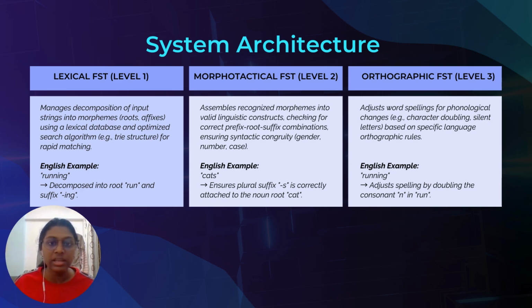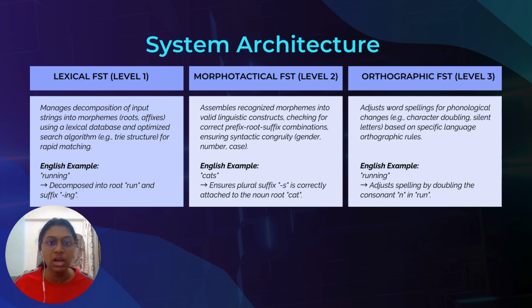The second level, the morphotactic FST, assembles recognized morphemes into valid linguistic constructs. It checks for correct prefix, root, suffix combinations, ensuring syntactic consistency in terms of gender, number, and case. The word cats ensures that the plural suffix s is correctly attached to the noun root cat.